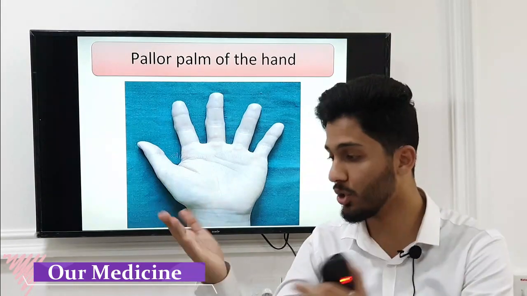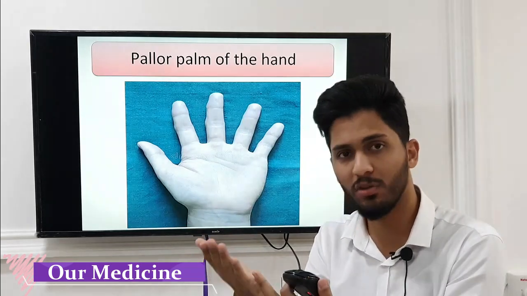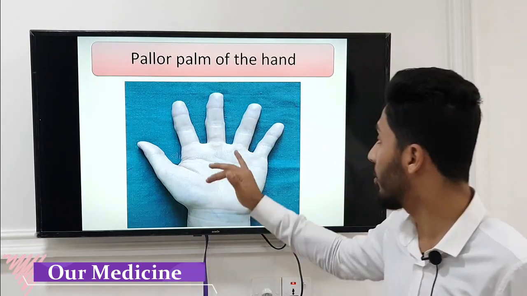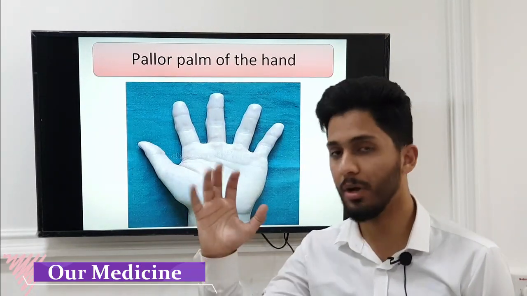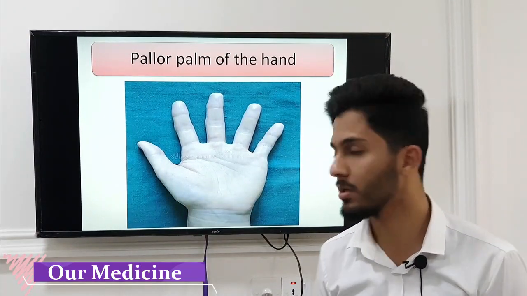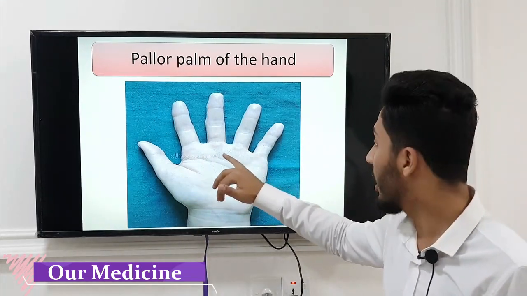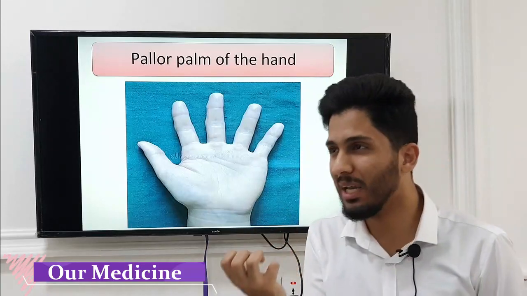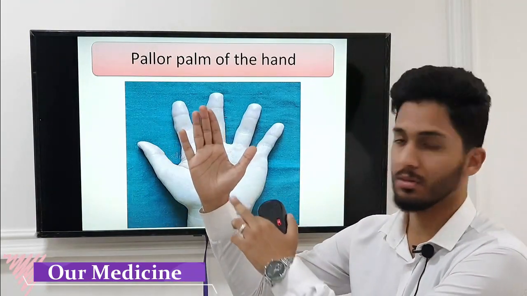So in examination, look at the palm of the hand of the baby, of the patient, for what? For pallor. But how can you find pallor in the palm of the hand? Look for the palmar creases. If the palmar crease is pale or light in color, not dark. For example, this is my hand.